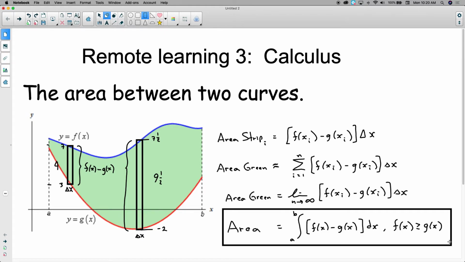Okay, so let me move on. And what's going to happen next is that these curves can be positioned in some inconvenient ways. And this next series of curves is going to be this exact same green area, but rotated 90 degrees.